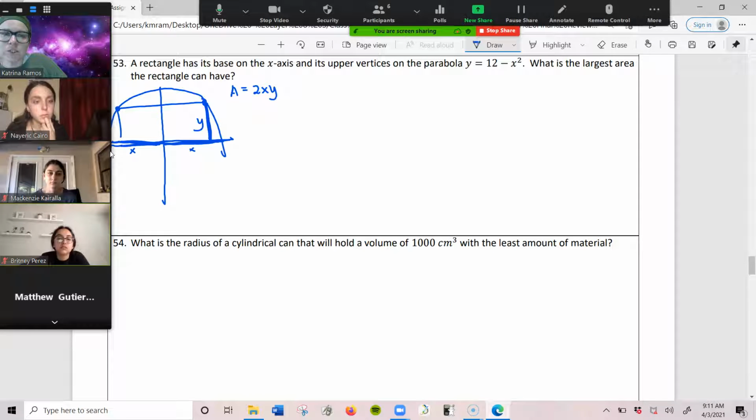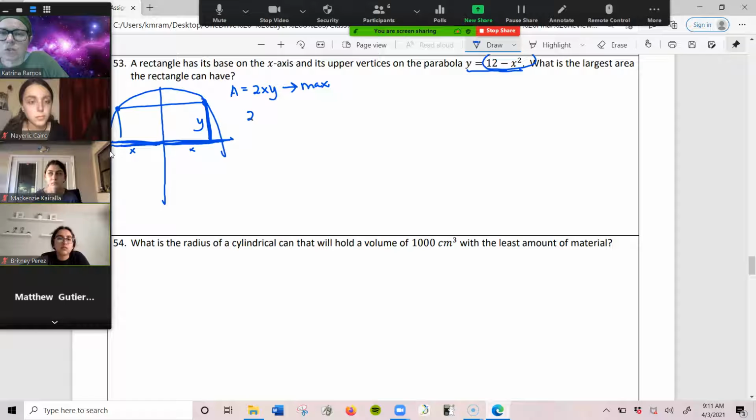Now here in the question, they tell you that y is equal to 12 minus x squared. So what we do, since we want to maximize this, we have to plug in, because we have too many variables here, and when we're maximizing, that means that we're going to take the derivative and find that critical number. What we do is we take what y is equal to and substitute it in here.